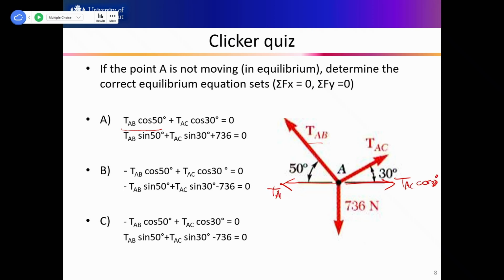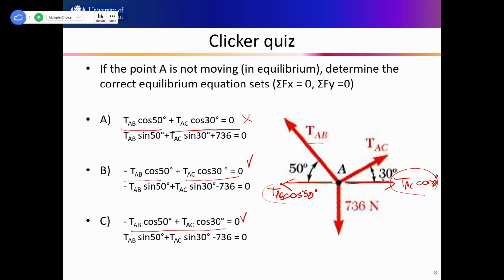And then adding it together, but it's a different direction. So if this is positive, this should be negative, right? So this is not correct. And then what about B? The magnitude is fine, and the signs are different, so this is good, okay? And then C, the same, so this is good too.